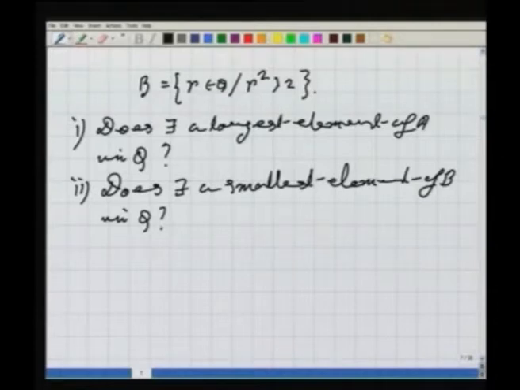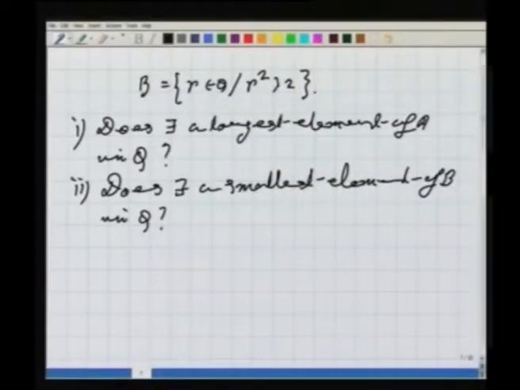Well, if both these answers turn out to be negative, then what happens? You can intuitively feel that the largest number of the set A and the smallest number of the set B should actually be root 2.